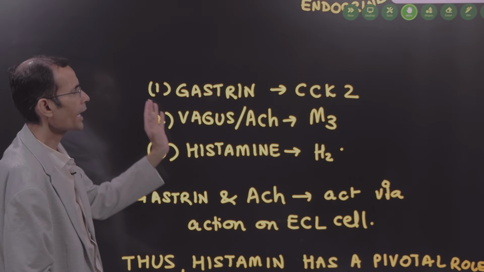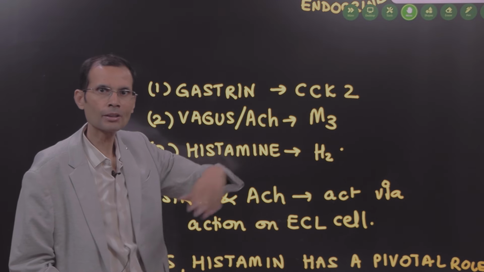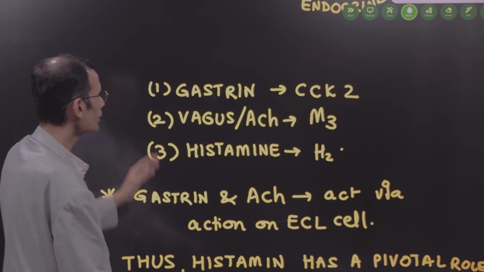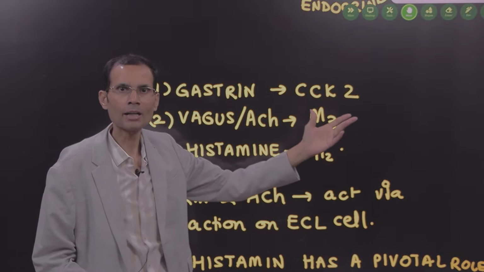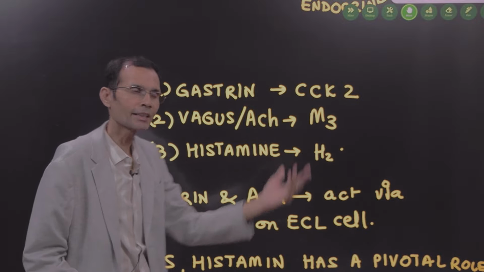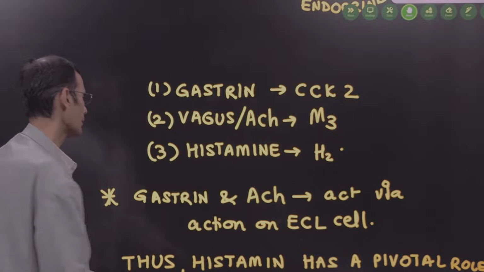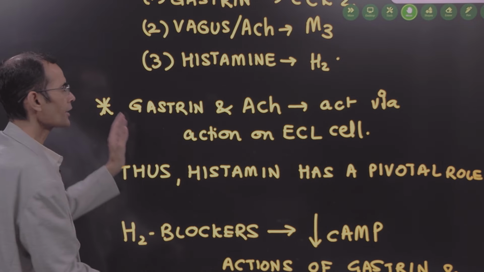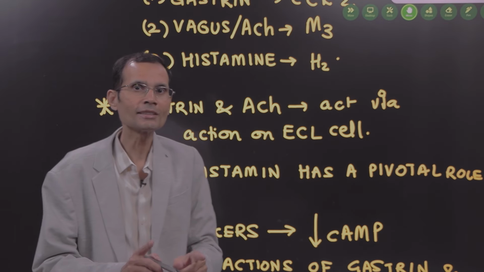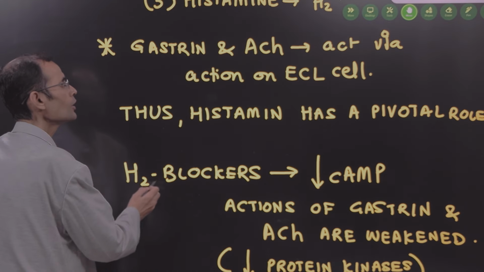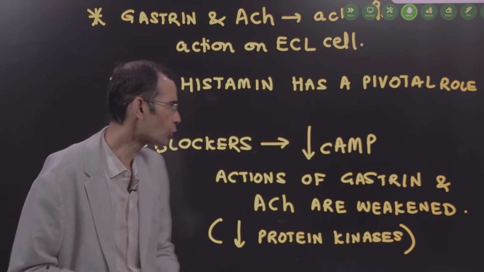We have written it here: gastrin acting via the CCK2 receptor can independently cause HCl secretion. Vagus and acetylcholine via the M3 muscarinic receptor on the parietal cell can cause HCl secretion independently, and then the histamine. And as we have mentioned, gastrin and acetylcholine act via action on the ECL cell. So histamine has a pivotal role.